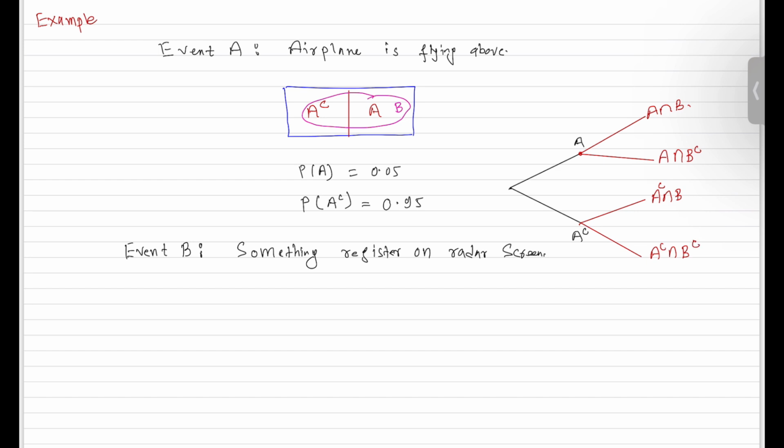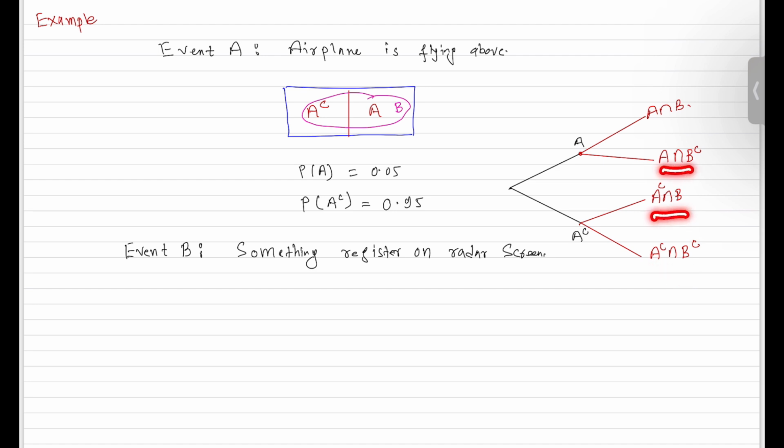So in these two cases, the radar functioning is correct and it is giving the correct information. If there is an airplane, the radar says yes, there is an airplane. If there is no airplane, the radar registers that there is no airplane.